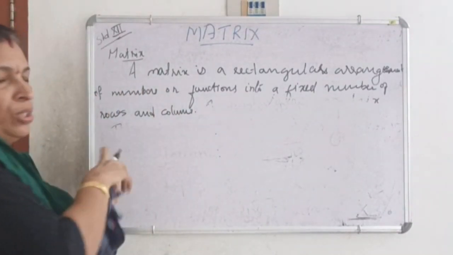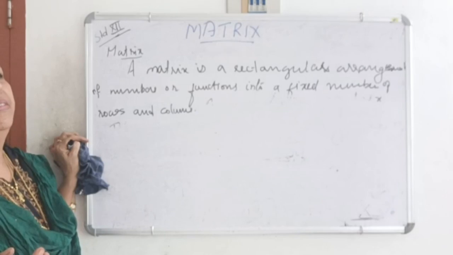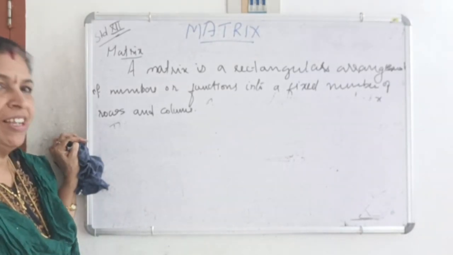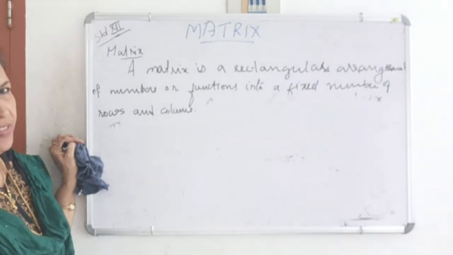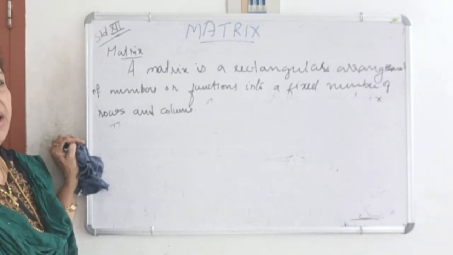In short, a matrix is a rectangular arrangement of numbers or functions arranged into fixed rows and columns.